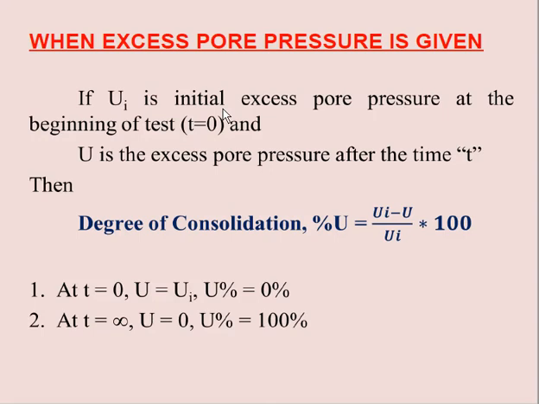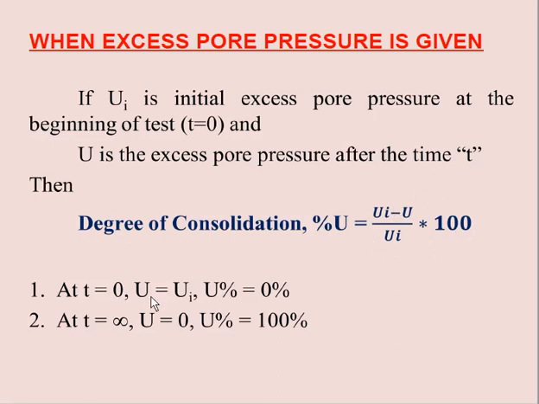So at the beginning of consolidation, before the start of the consolidation, excess pore pressure is denoted by ui. And u is the excess pore pressure after time t. That is, we are considering the degree of consolidation at any time t. So u is the excess pore pressure at that time. So the degree of consolidation U is equal to (ui minus u) divided by ui, into 100.